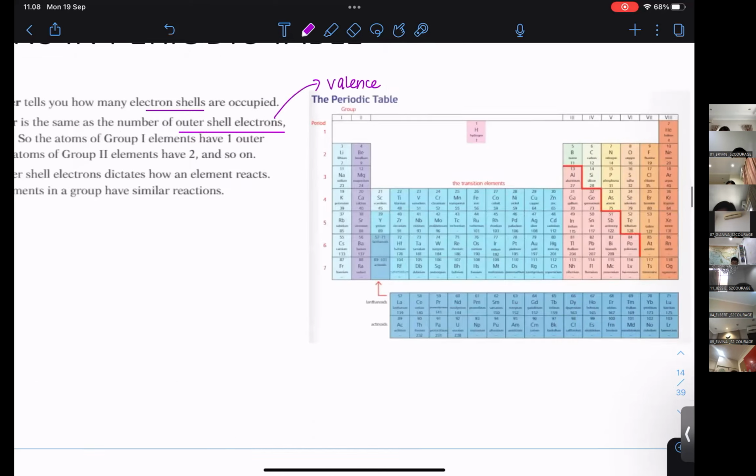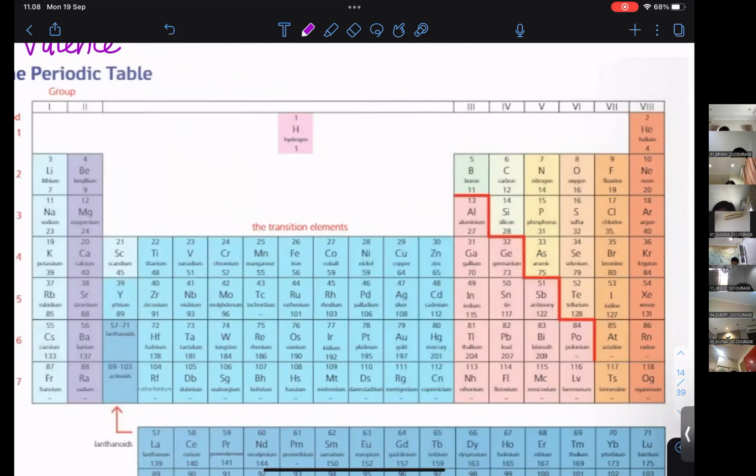For example, let me check phosphorus. How many valence electrons does phosphorus have? Michelle C, can you tell us?